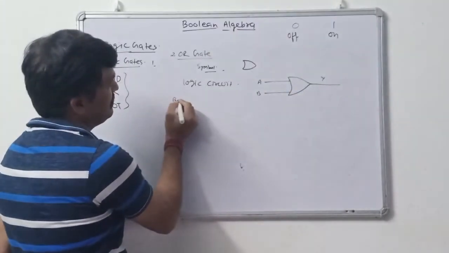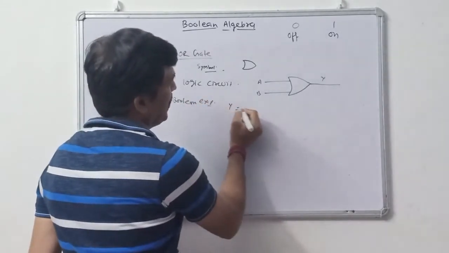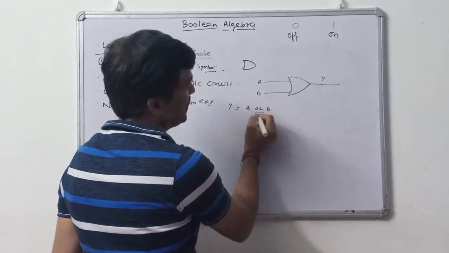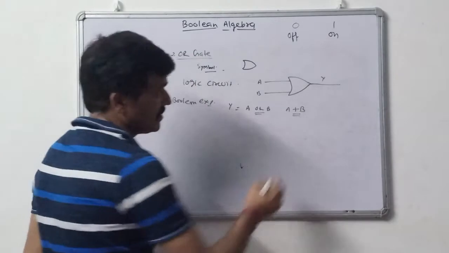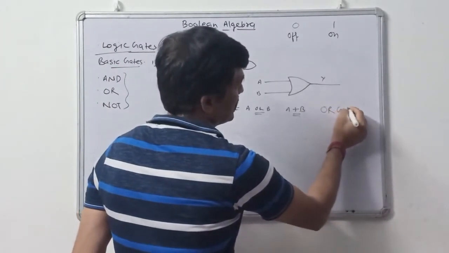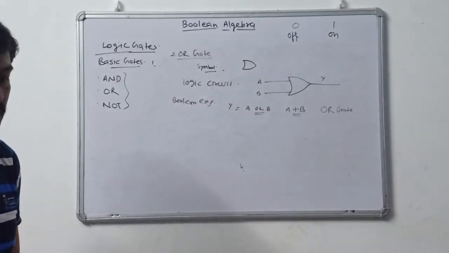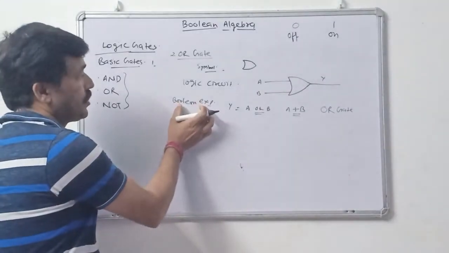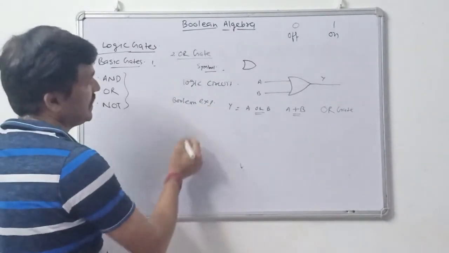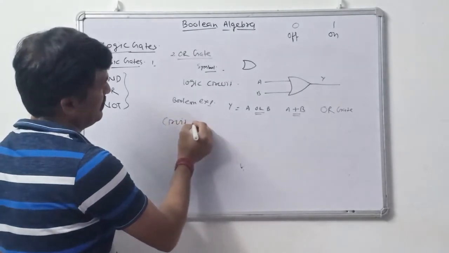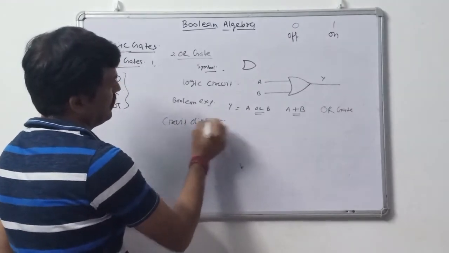The Boolean expression can be made as Y equals A or B, and this OR is symbolized as A plus B. This plus symbol represents the OR gate in Boolean algebra. After this Boolean expression, we can create a circuit diagram for the OR gate.